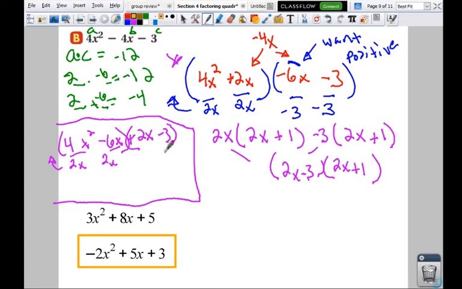Nothing goes into 2 and 3 except 1, so I'm going to factor out a 1. So I go 2x minus 3, and then factor out a 1 and go 2x minus 3.